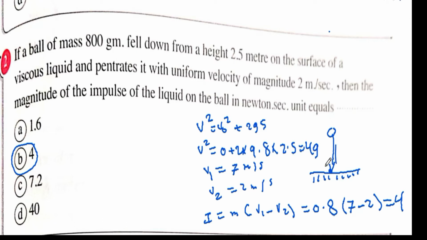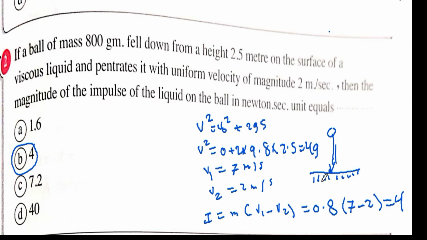We must find the velocity before entering the liquid. Here we use v square equal v node square plus 2gs. V square equal v node 0 because it fell down, plus 2 times g 9.8 times s 2.5. The result will be 49. Take the square root, v1 is 7 meter per second, the velocity before entering the liquid.